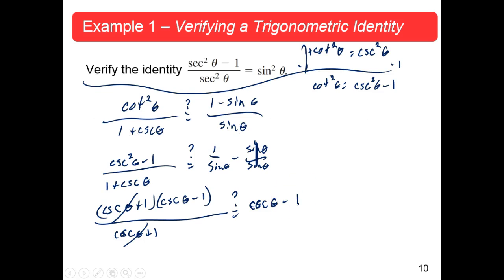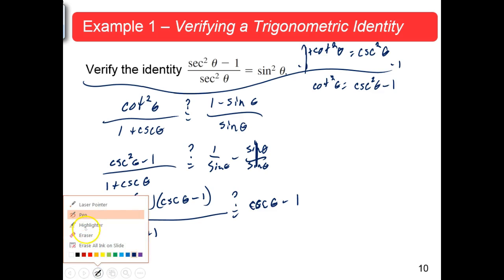And guess what we've got? The left-hand side is equal to the right. I know that's an ugly cosecant theta, but that's what it is. I just have trouble writing cosecant. I don't know why.